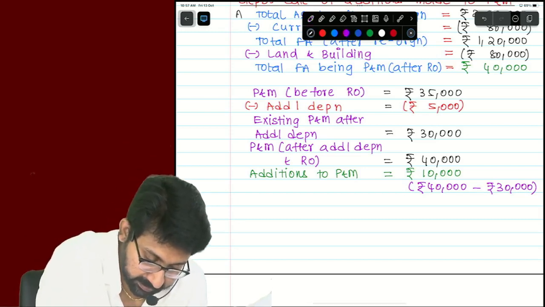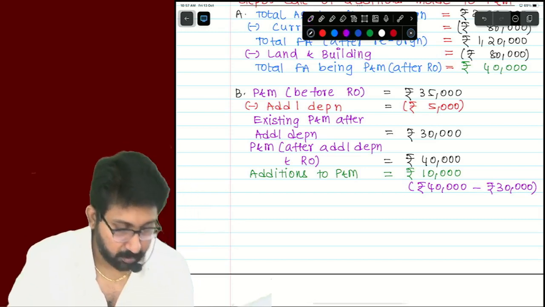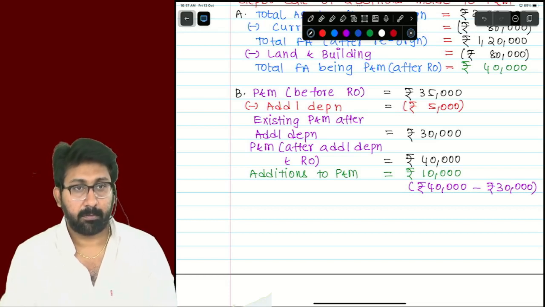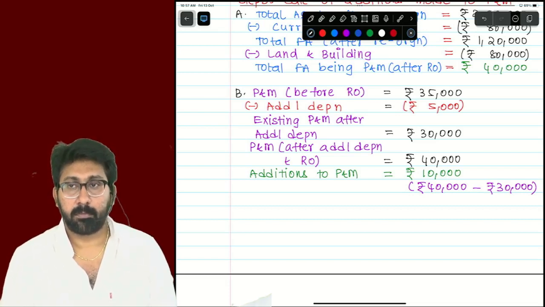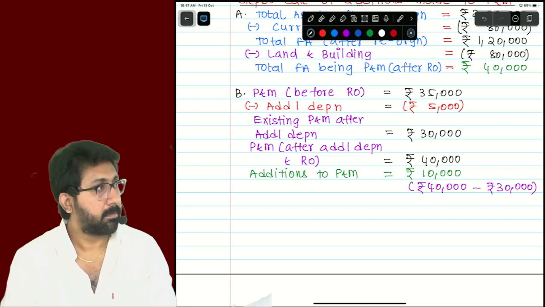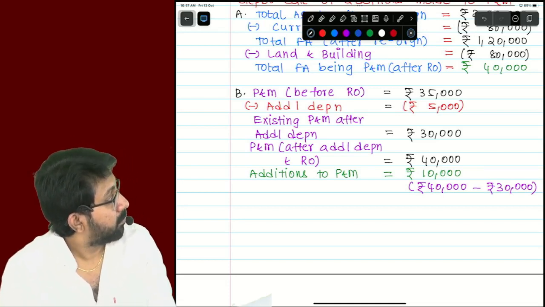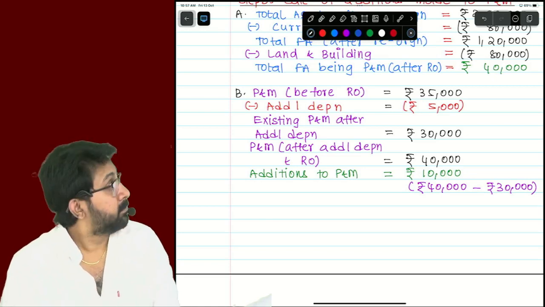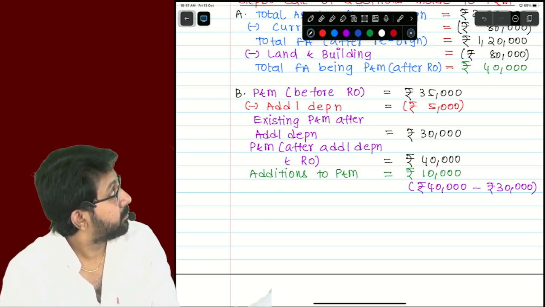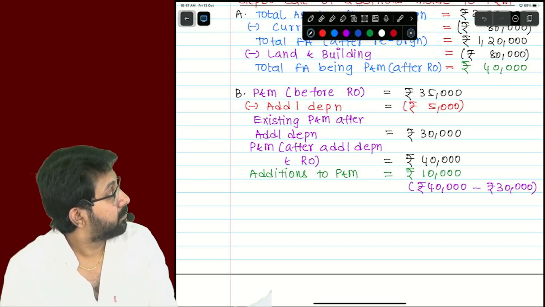You can name it, this is A, inside that, this is B. Two parts we have done. Done?